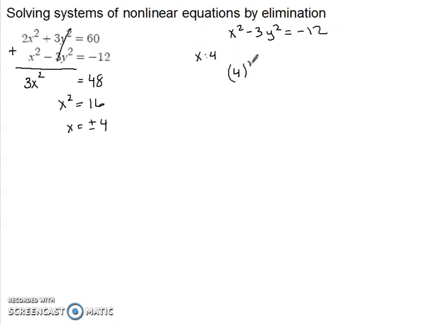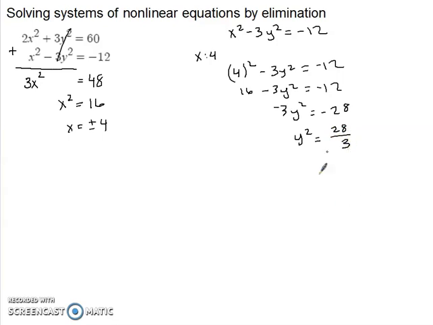So 4 squared minus 3y squared equals negative 12. So 16 minus 3y squared equals a negative 12. Negative 3y squared is going to equal, when I subtract 16, a negative 28. So y squared is equal to negative 28 over negative 3, or 28 over 3.